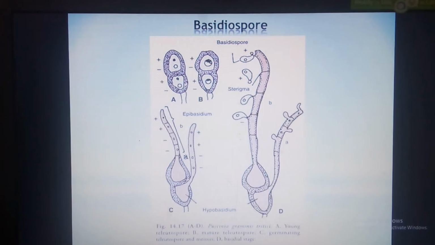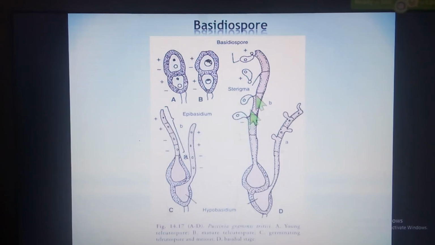Now the basidiospores, if you just take a look at them, are unicellular, thin-walled and very, very small. After they get discharged from the basidium, these spores are disseminated by the air current.